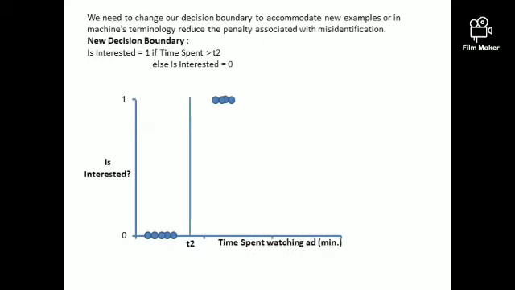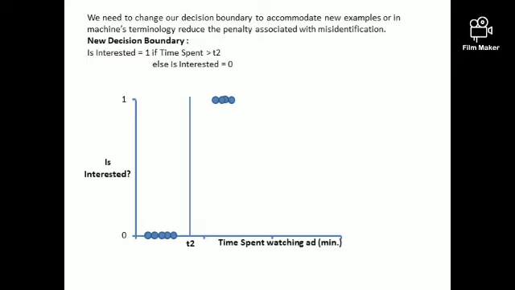Okay, now we need to shift this decision boundary so that we can minimize those penalties. We need to change it to accommodate new examples, or in machine terminology, reduce the penalty associated with misidentification. So here is our new decision boundary.